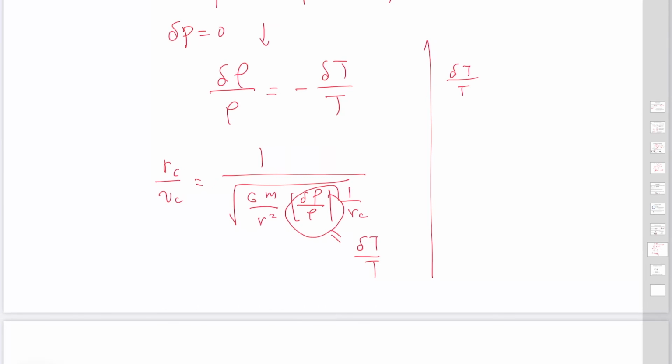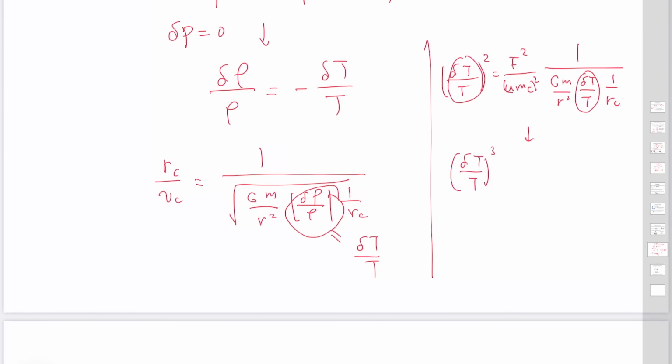Delta T over T squared equals F squared over U M sub C squared, times 1 over Gm over R squared times delta T over T times 1 over R sub C. So from these equations, delta T over T cubed equals F squared over U M sub C squared, times 1 over Gm over R squared times R sub C. We have this relation.